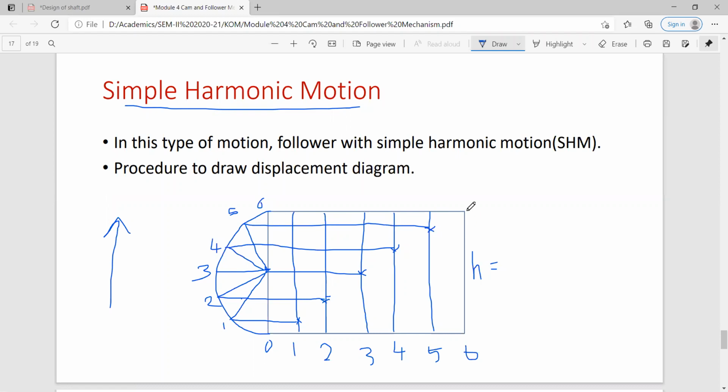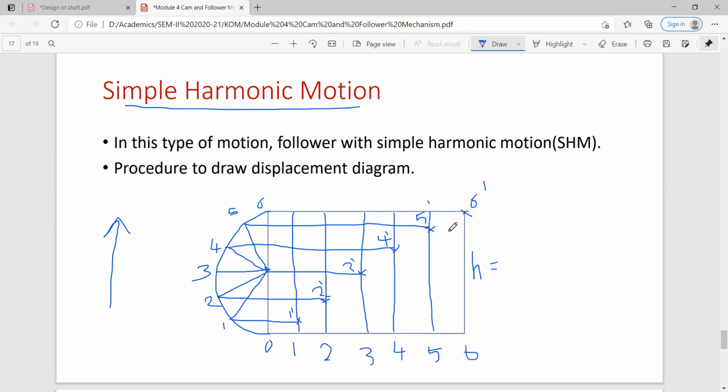And 6 to 6, here you will get a point. After locating all these points, you can number them: here it is point 1 dash, then 2 dash, 3 dash, then 4 dash, 5 dash, and here it is 6 dash.